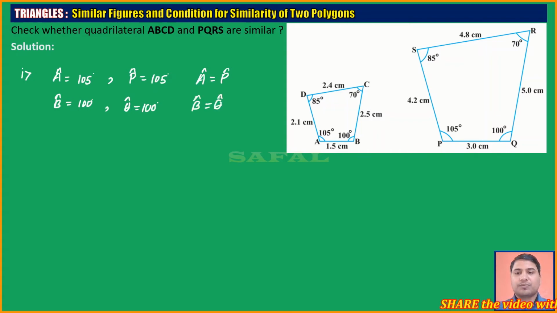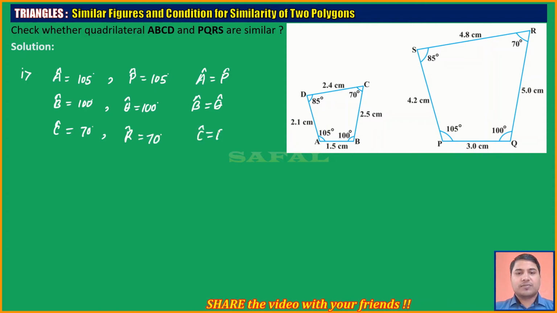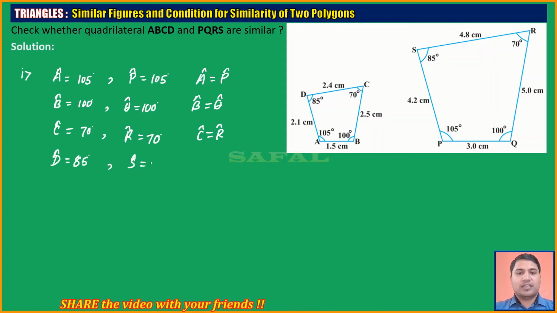Now angle C is 70 degrees, and in the other diagram angle R is 70 degrees. So angle C equals angle R. Now angle D is 85 degrees, and angle S in the second quadrilateral is also 85 degrees.